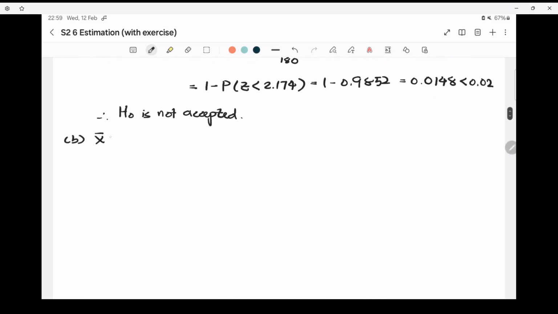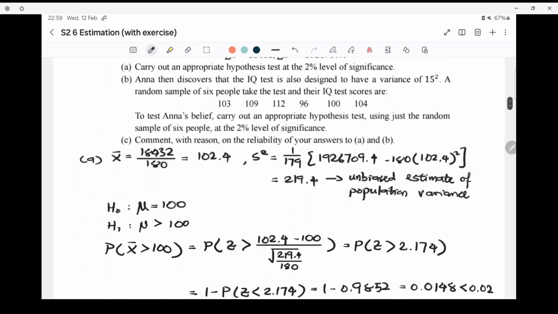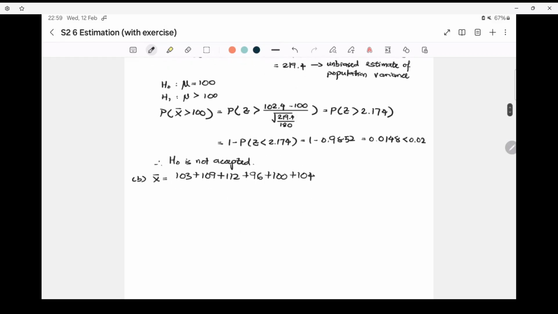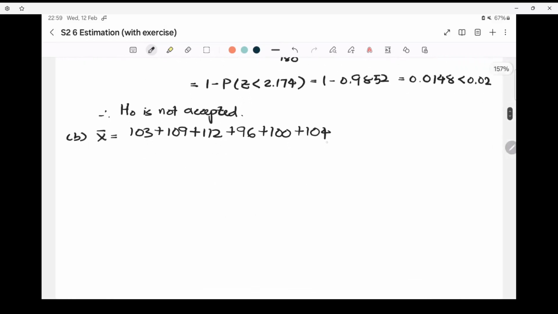So the new X bar would be, I need to zoom out a bit, 103 plus 109 plus 112 plus 96 plus 100 plus 104. So all these, you sum them up together and then divide by 1, 2, 3, 4, 5, 6. So that should equal 104.